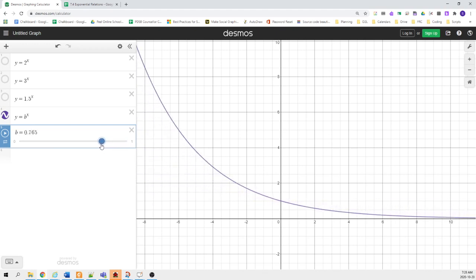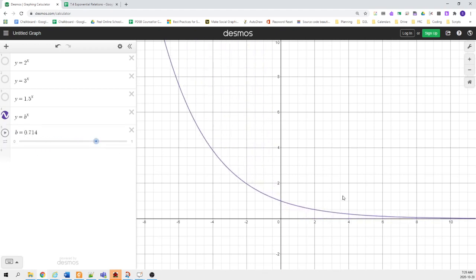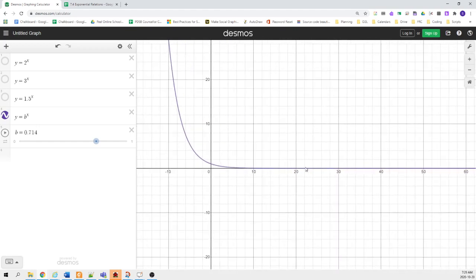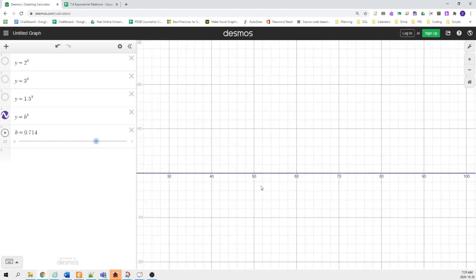The curve actually starts to go down instead of up. And the smaller we make b, the faster it goes down. We say it's decaying. And if you zoom out, you can see that it gets really close to the x-axis. In fact, it doesn't actually touch ever, but it gets really close.